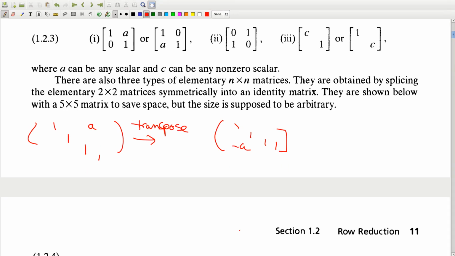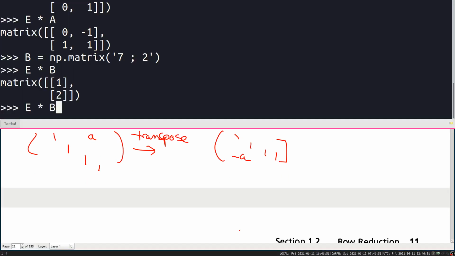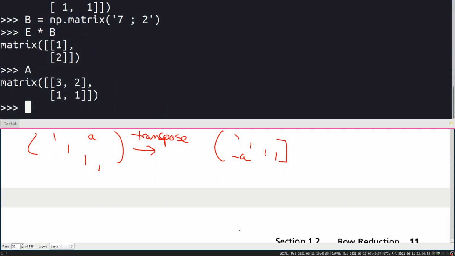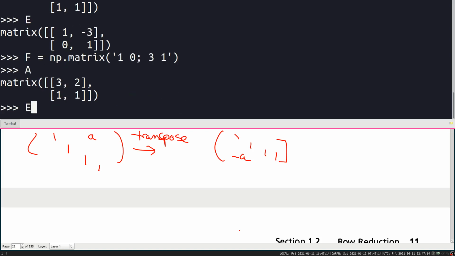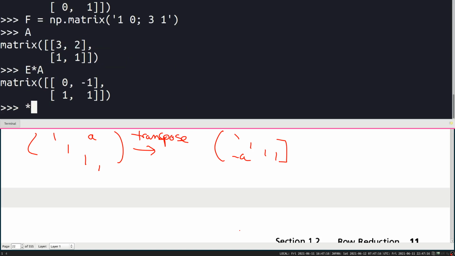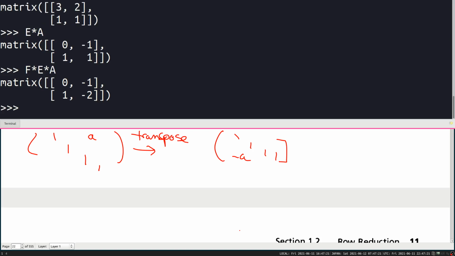So actually, you know what, we can check. Let's go up here. So we had A, and we had E, and let's call this F equal to np.matrix 1, 0, 3, 1. Okay. So let's look at A again. E times A, and let's try F times E times A, and uh-oh, I made a mistake.